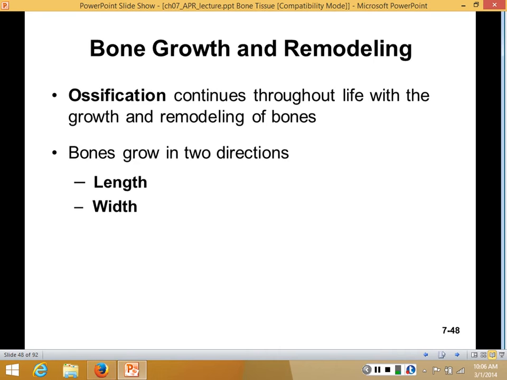These two terms are in your textbook on page 218. They have interstitial growth in bold, and they have appositional growth in bold as well, under bone widening and what? Thickening. Okay.